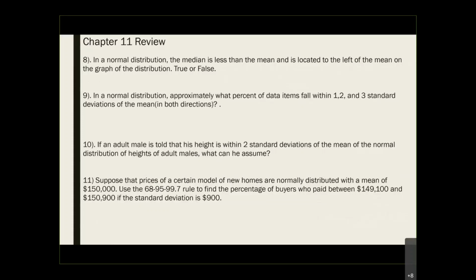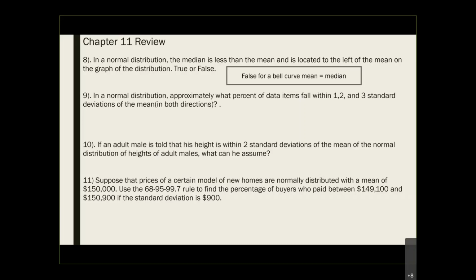They ask: in a normal distribution, the mean is less than the median, and the median is located to the left of the mean on the graph of the distribution. Is this true or false? Remember, in a normal distribution, the mean, the median, and the mode appear at the same location, meaning they are equal to each other. So this case is false. The mean is not less than the median.